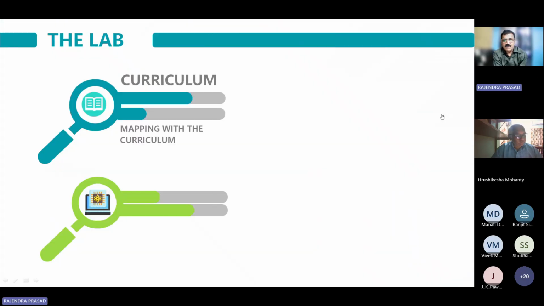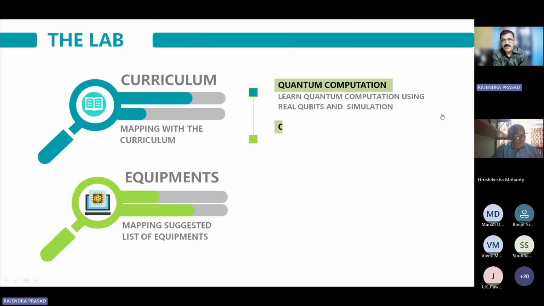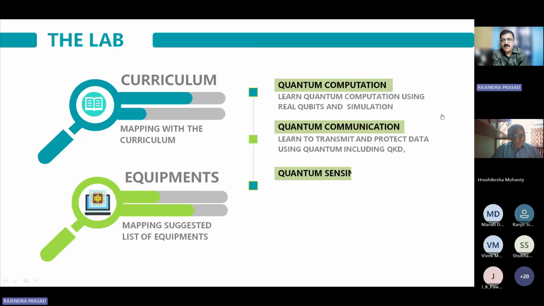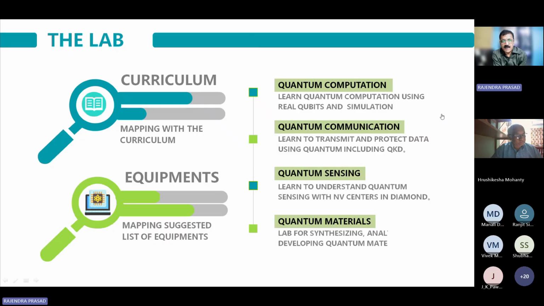Now the lab, if you divide it, one is a curriculum, which gives you information on both the theory and practical part of it. And then the second part is the equipment that can be used to achieve these objectives.